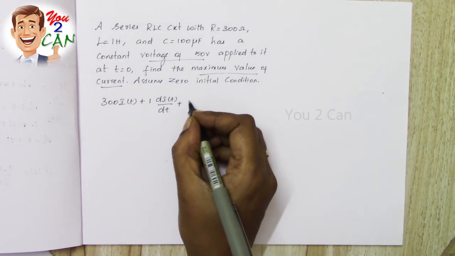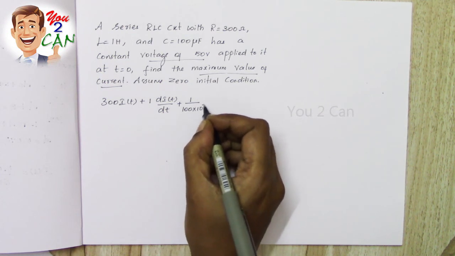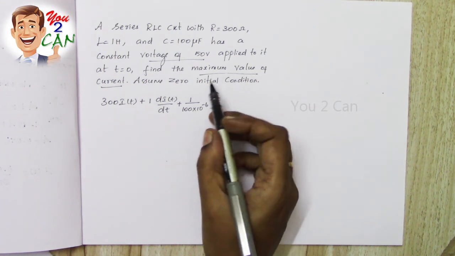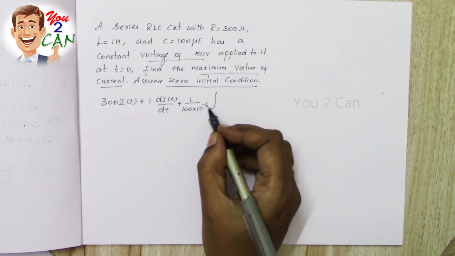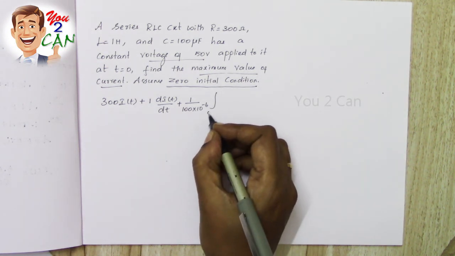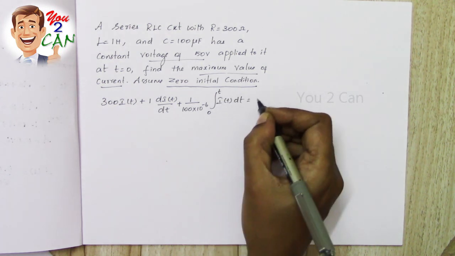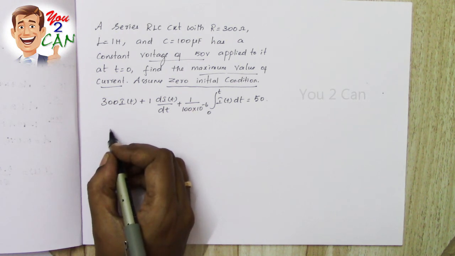So it will be 1 by C, that is 1 by 100 into 10 power minus 6, integral from minus infinity to 0 is the previous voltage, which is assumed to be 0, there is 0 initial condition. So we can take from 0 to t I of t dt will be equal to the applied voltage 50. Now apply Laplace.